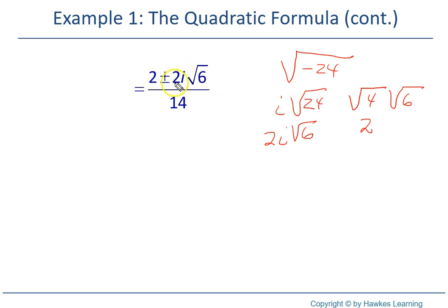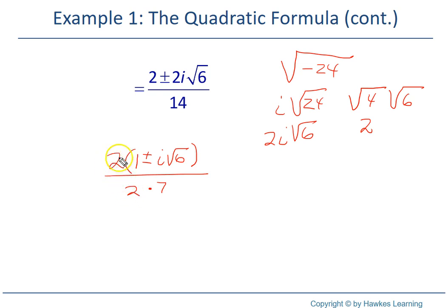Now, notice here you have a common 2. So you can factor a 2 out of this, and it will look like 2, this will be a 1, plus or minus i, the square root of 6, all over 14, that I'm going to write as 2 times 7 here, just to show you what's happening.